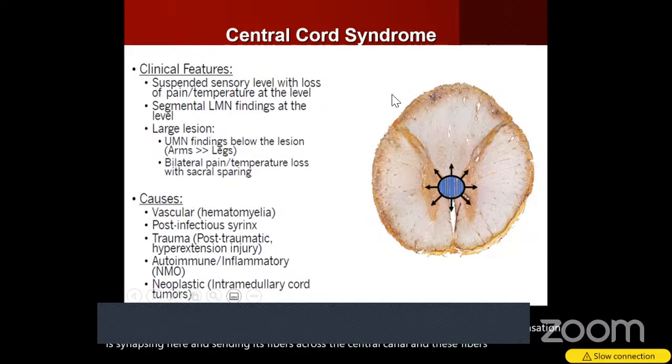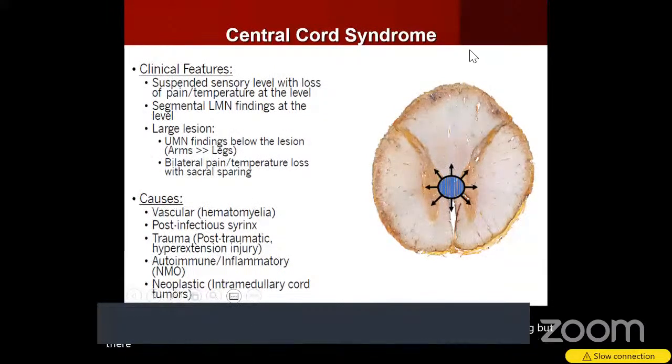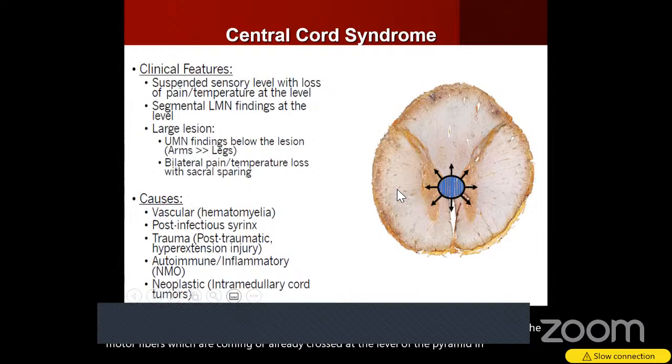The posterior columns are coming, but they are not synapsing here. They are not crossing, but they are ascending up to the cuneate nucleus and gracilis nucleus. These two are the sensory. The motor fibers which are coming are already crossed at the level of the pyramid in the medulla, and they are coming down. They are crossed already.